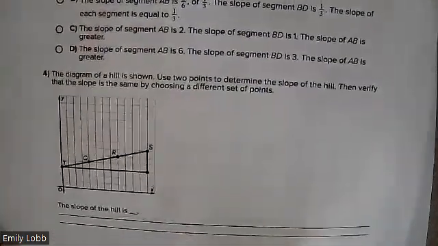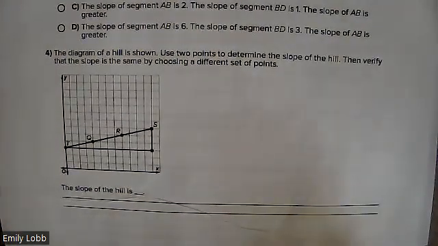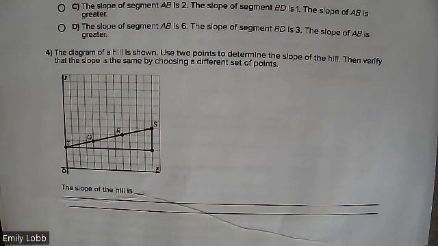Okay. 4. The diagram of a hill is shown. Use 2 points to determine the slope of the hill. Then verify that the slope is the same by choosing a different set of points.